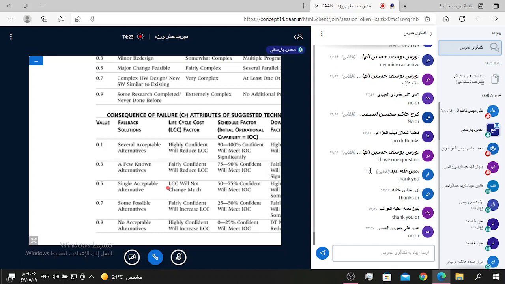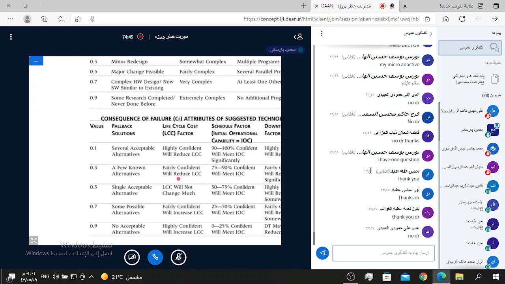For example, about fallback solutions with the probability of 10%, there are several acceptable alternatives. And for example, about fallback solution in first column, for 70% there are some possible alternatives.